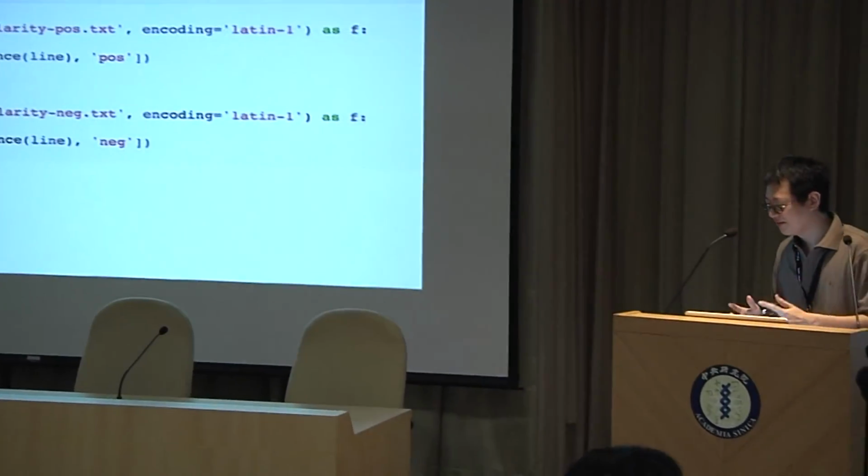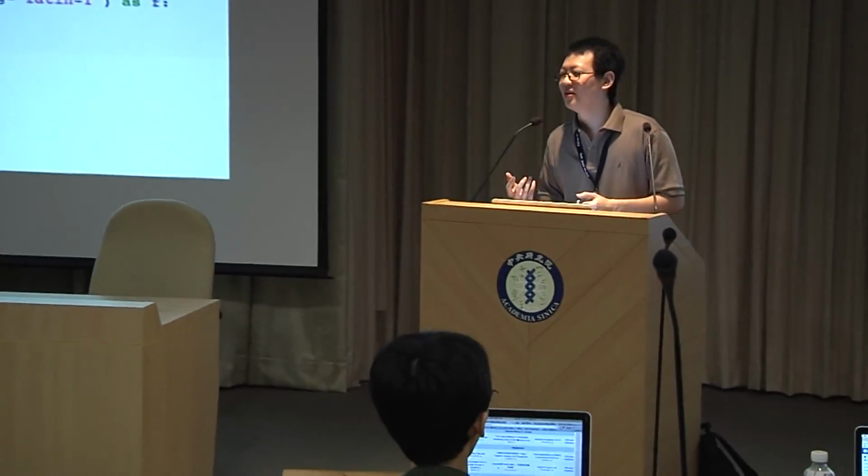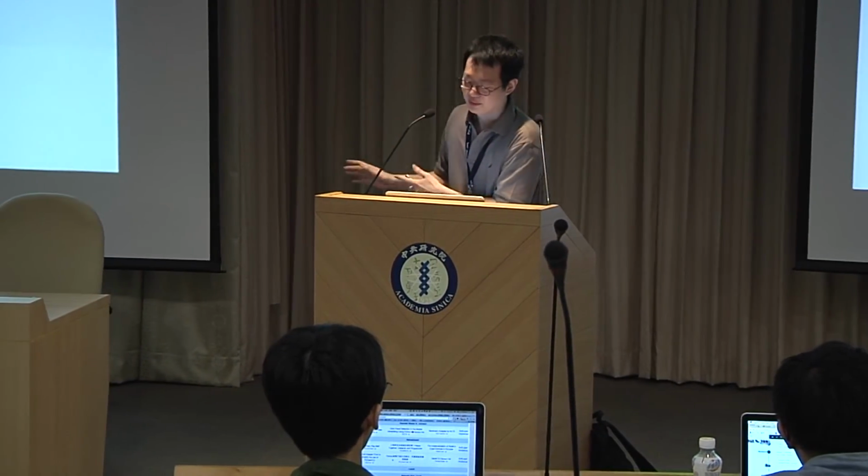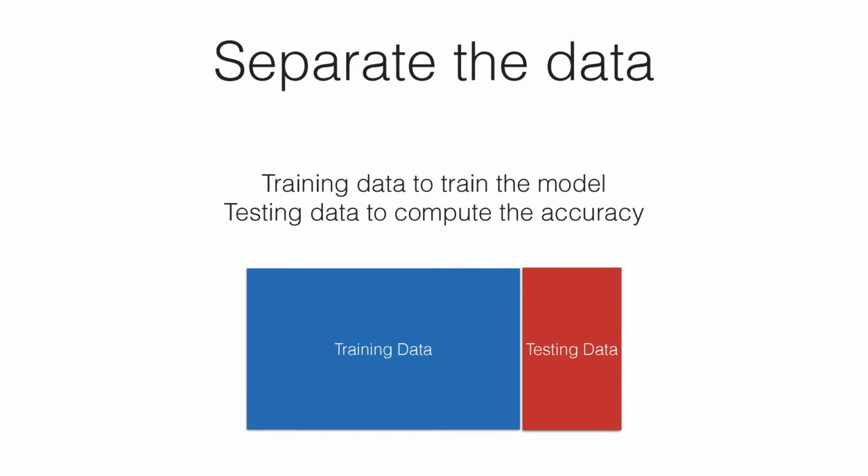Remember that it's a format that NLTK wants. So we use the format sentence, the function we just built, to transfer that. Okay, now you get about 10,000 reviews. Half of them are positive, half of them are negative.